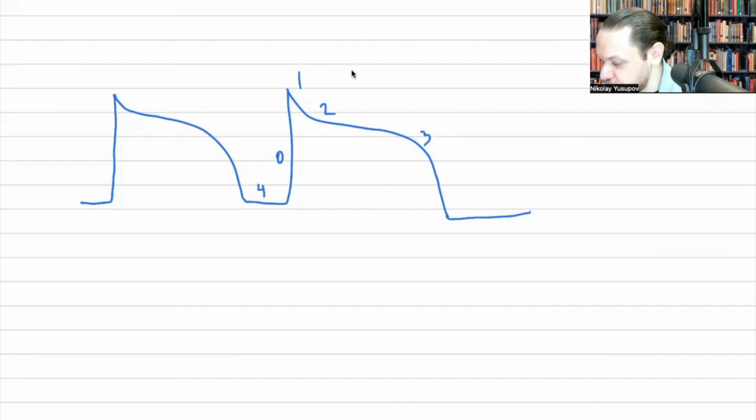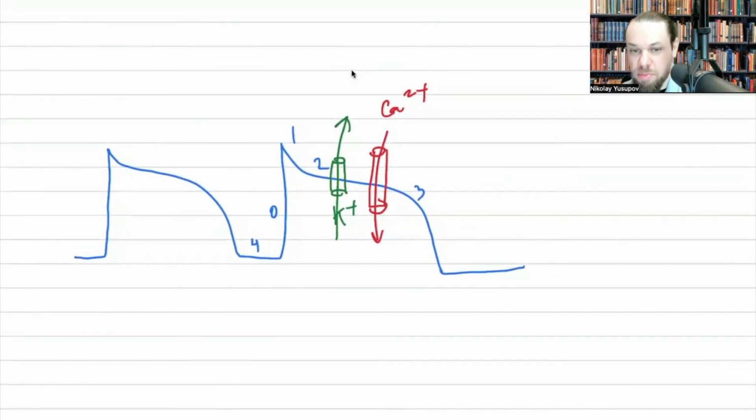And you remember at this point we have potassium channels that are open. Potassium is leaving, and we have calcium that's coming in. As you have positive leaving and positive coming in, it creates this plateau phase. Make sense, right? So calcium is utilized there.